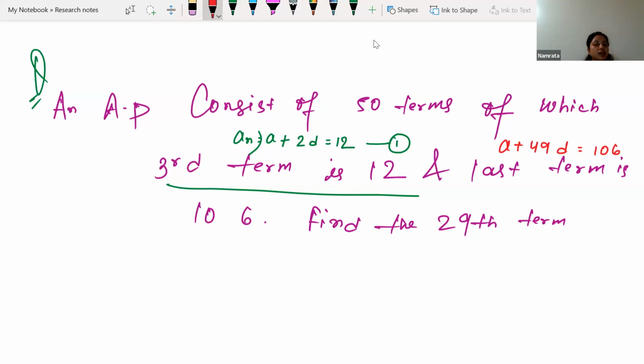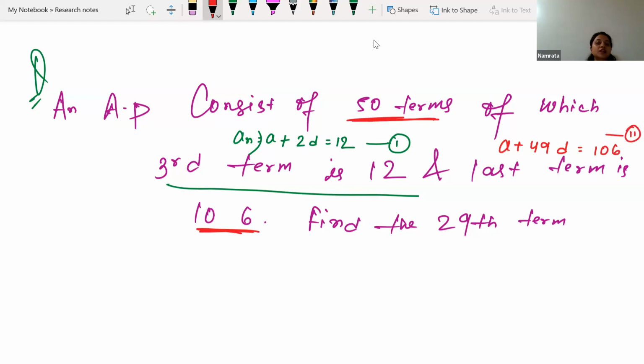Here it doesn't say that this is the 50th term, but it says that the AP consists of 50 terms. So total 50 terms are there. So definitely the last term is the 50th term only, and the last term is given as 106. So we are having these two equations.